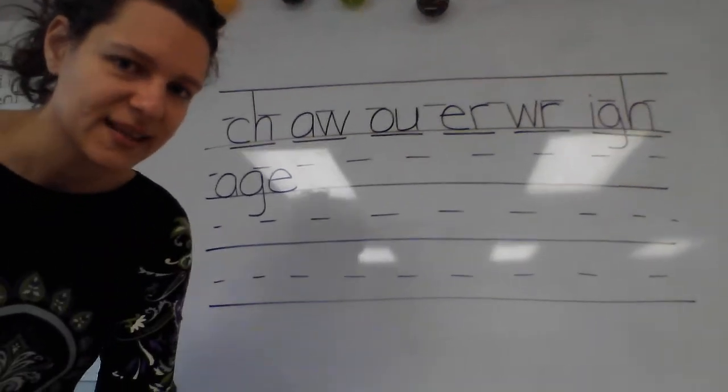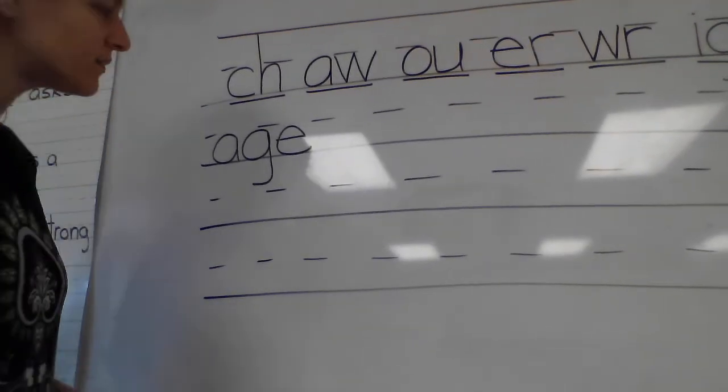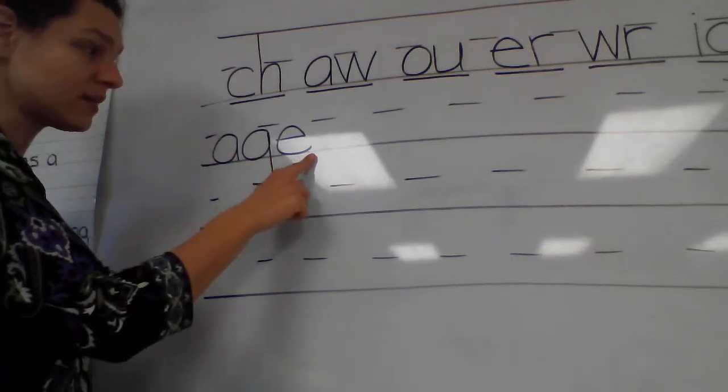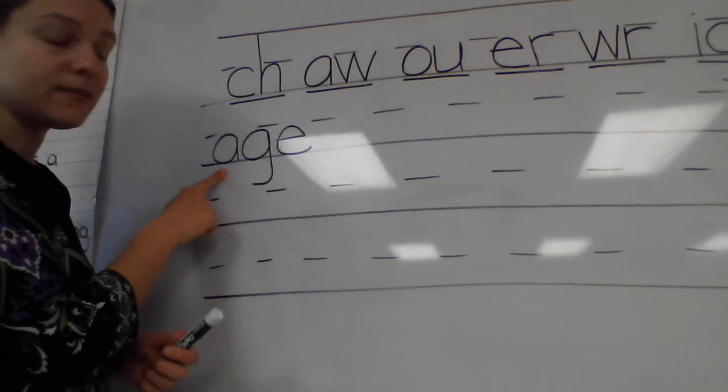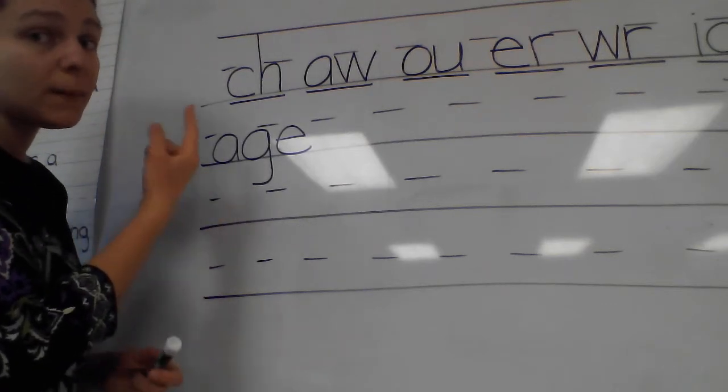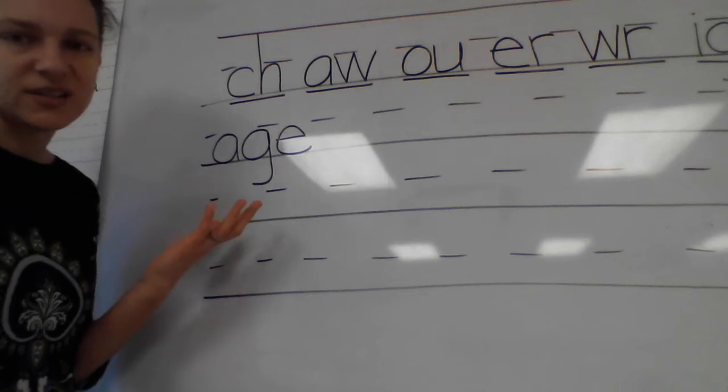So make sure yours looks like this. So for our silent final E, we always put the first job that it's doing. So the first job that it's doing is job 1, making our A say A. But which other job is it doing? Do you remember?